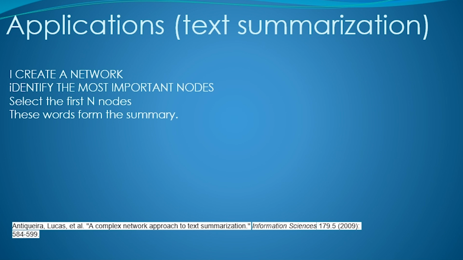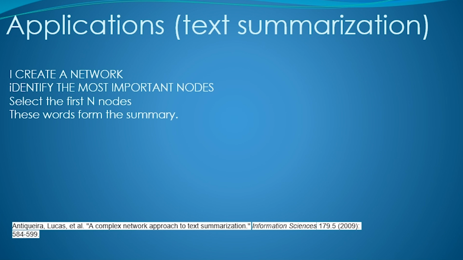So what we do is we create a network from the text, and we identify the most important vertices. There are so many ways to identify the most important vertices. They have identified the most important vertices in 12 ways.